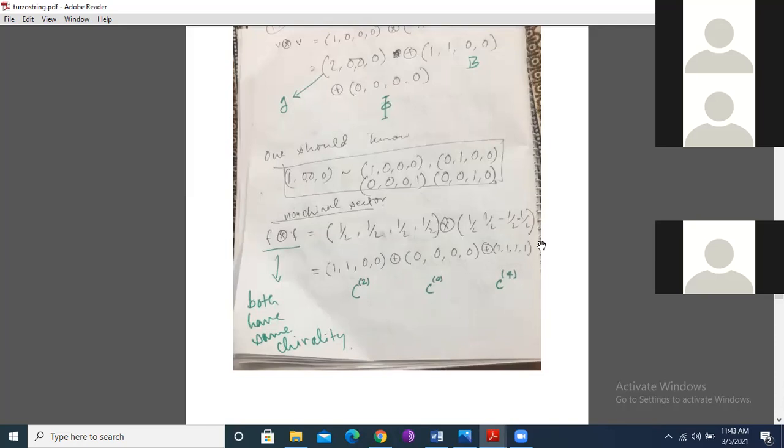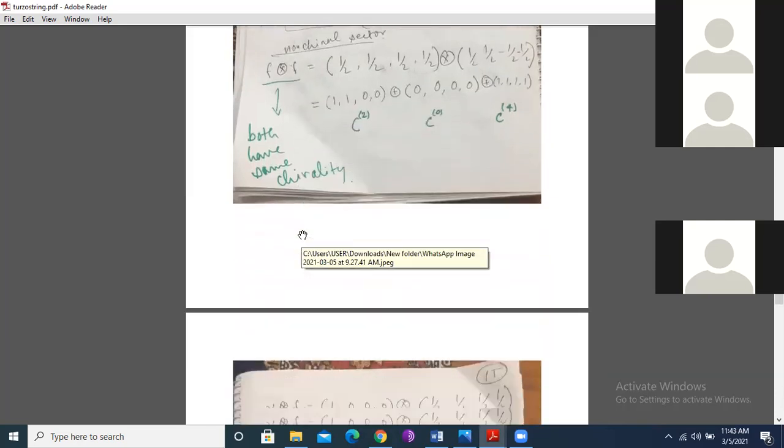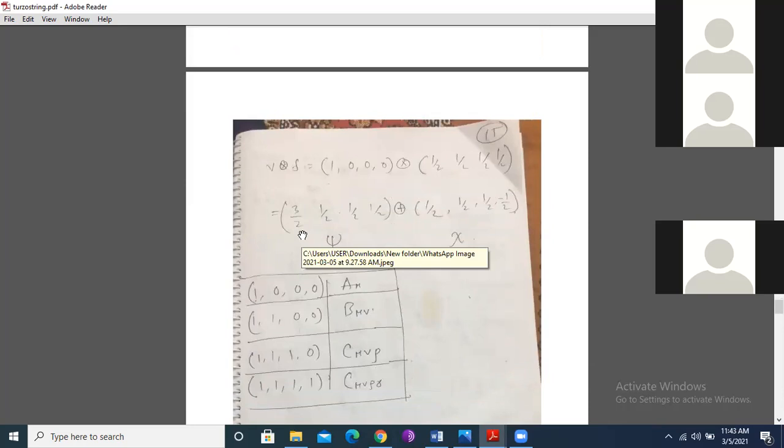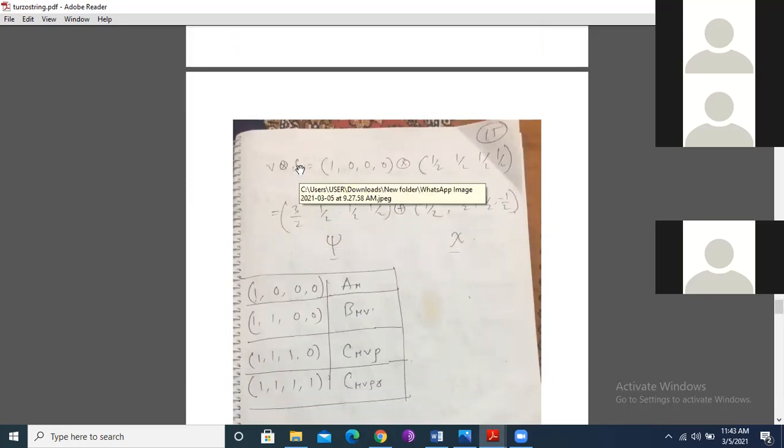Just to remind you, we took both of the fermions to be non-chiral. You can also take vector times F. If you do that, you have something like this and something like this. This is the vector, and this is the fermion.